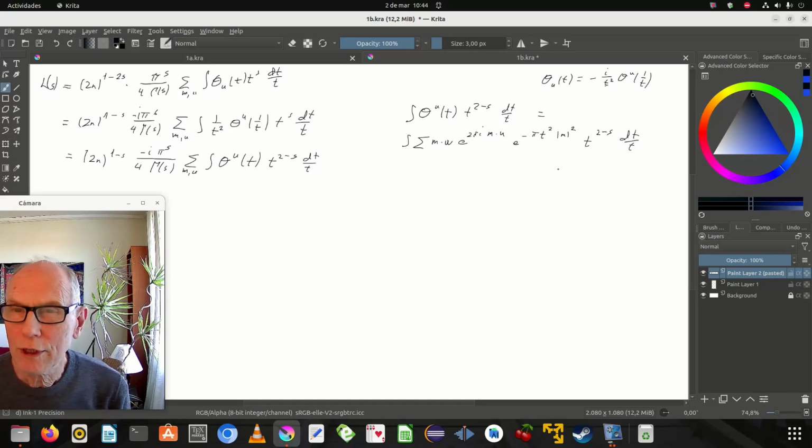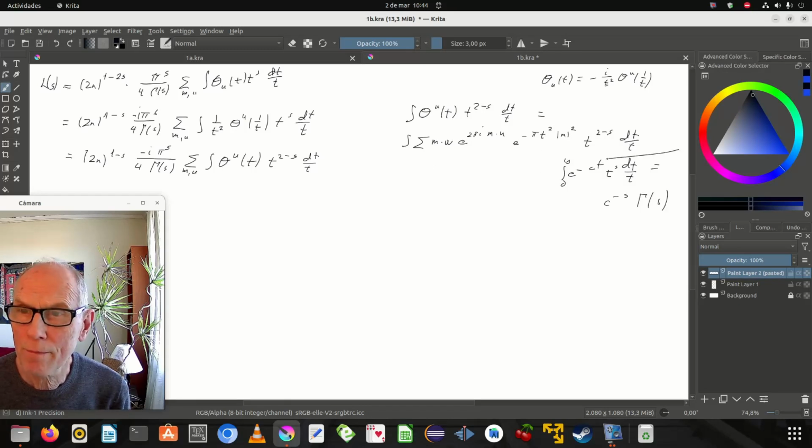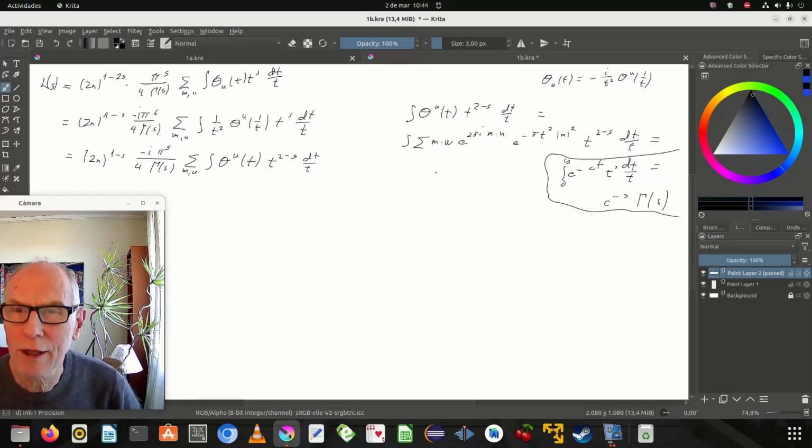And we need the usual integral. So this gives... we only have t here, so this just goes out, provided we can exchange sum and integral.